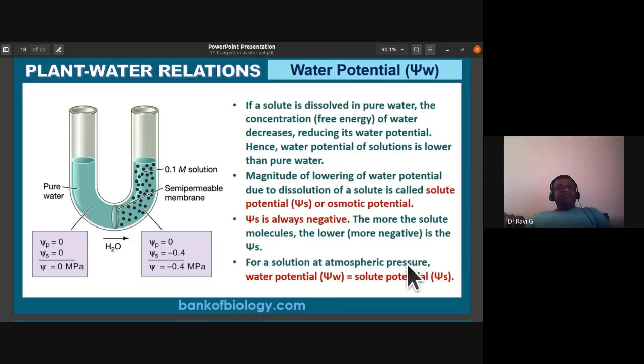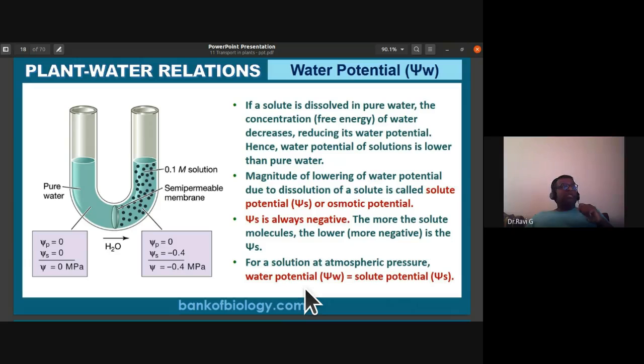For a solution at atmospheric pressure, the water potential equals the solute potential. At atmospheric pressure, water potential is always equal to solute potential. You might get such questions in the NEET or CET.